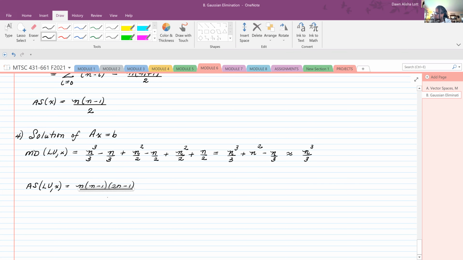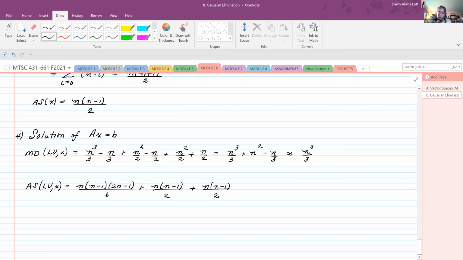You should recognize that as the sum of i squared, over 6, plus n times n minus 1 over 2, plus n times n minus 1 over 2.